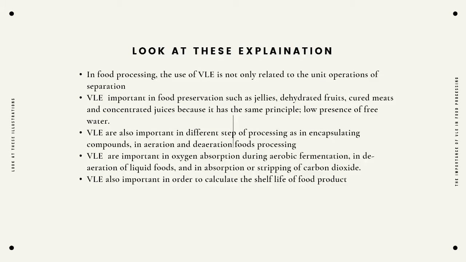That's why when I said concentrated juices and jellies before, the production is also related with vapor liquid equilibrium, because it uses the same principle, which is low presence of free water in food, in jellies, in fruits, in meats. Another example is whiskey. The VLE principle is used in distillation of whiskey, because to study the phase, vapor liquid equilibrium.